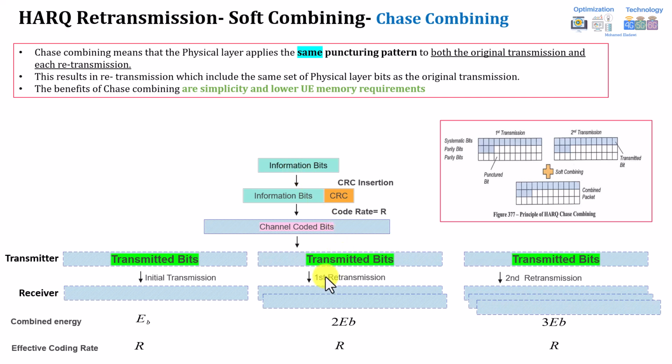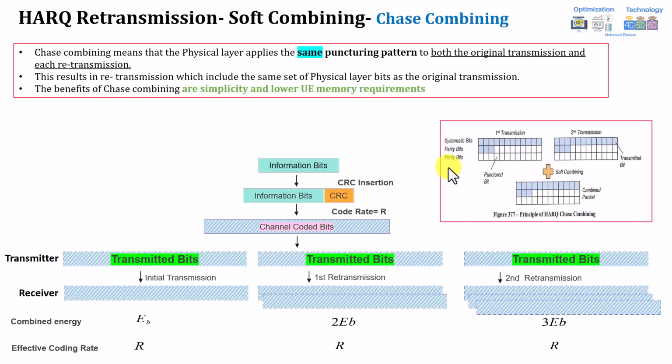So this is how it comes. But if you look into this part, which is very important, the coding rate stayed fixed over the three iterations of the transmission. You have three transmissions, and at the very end the coding rate was fixed. Only the combined energy was increasing. Whenever we add additional data, the energy adds up, so the more retransmissions, the more the energy adds up, and the more probable it is that the receiver will decode the data successfully.